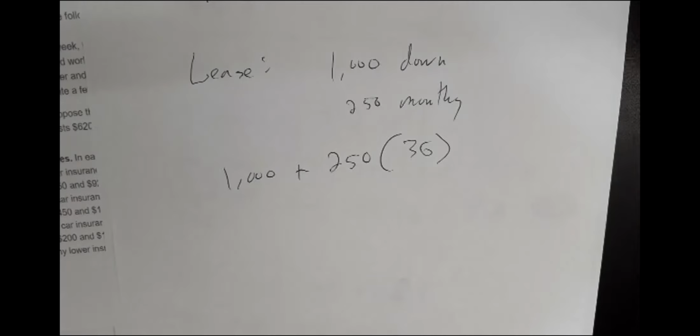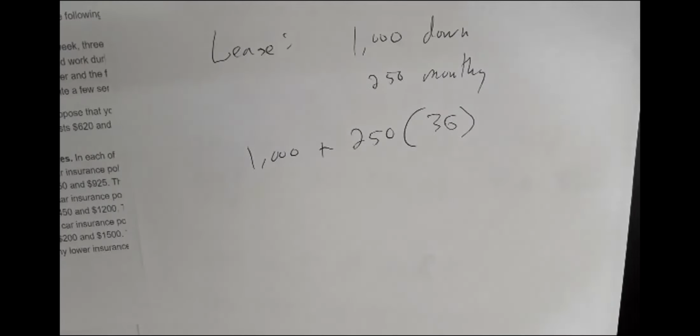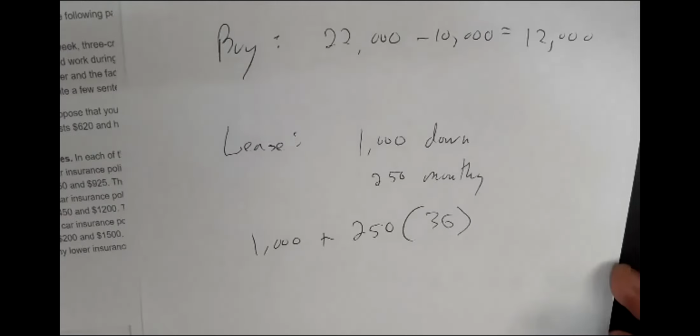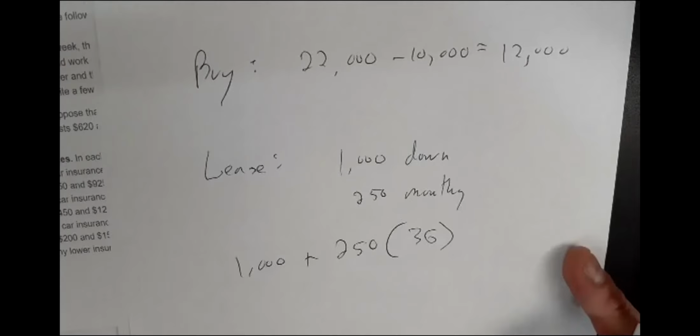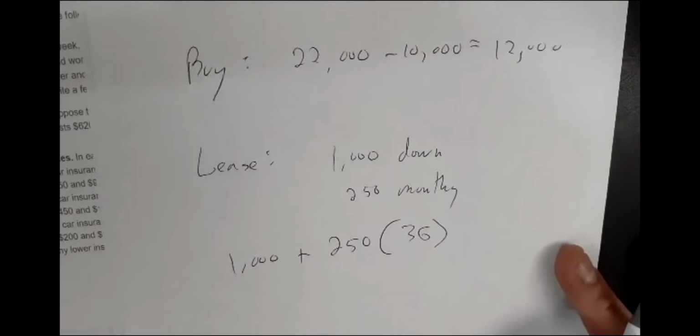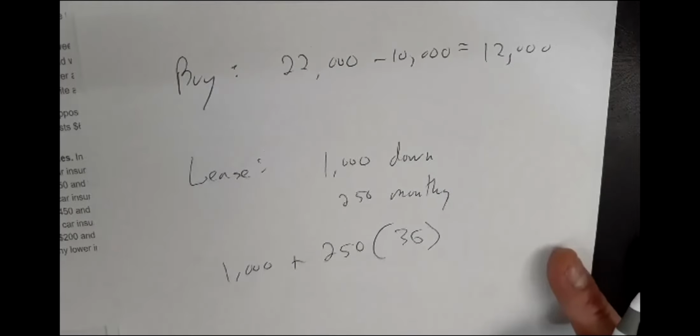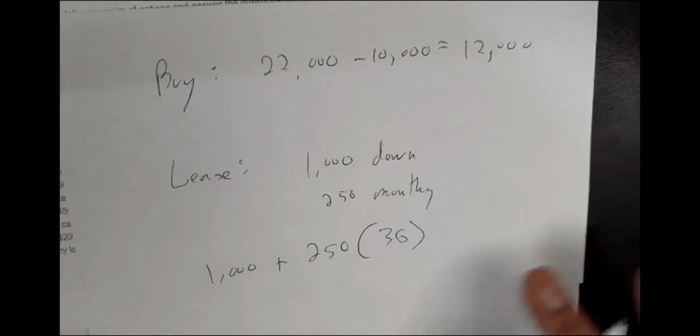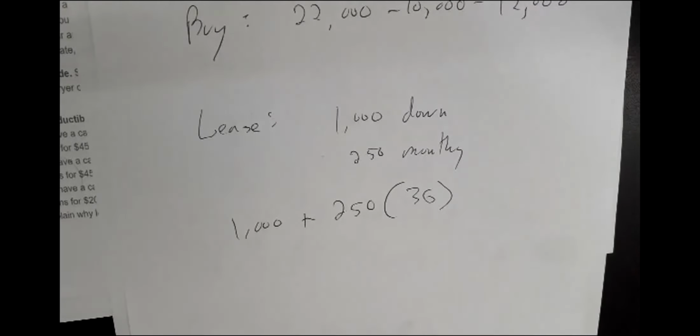So what it looks like is I'm gonna spend $1,000 down, 250 per month. Looks like you're spending 10,000 on it. What are they doing on this? Yeah, that doesn't make sense.